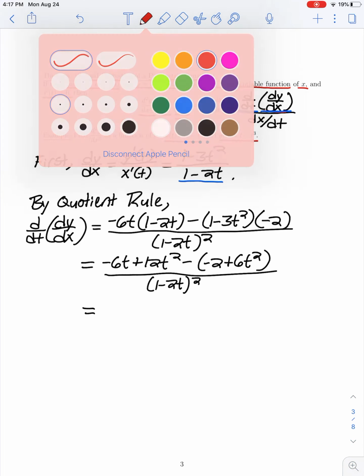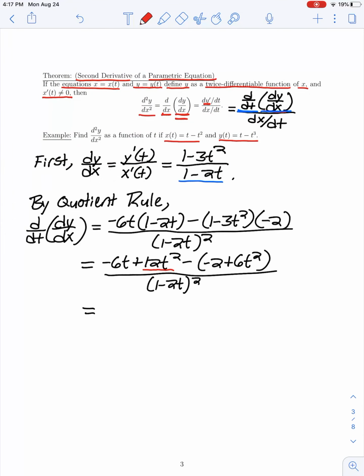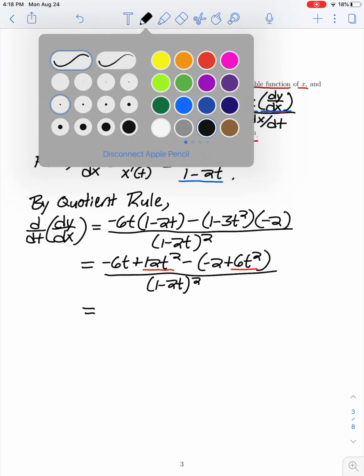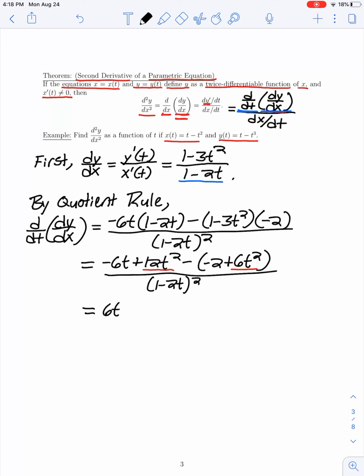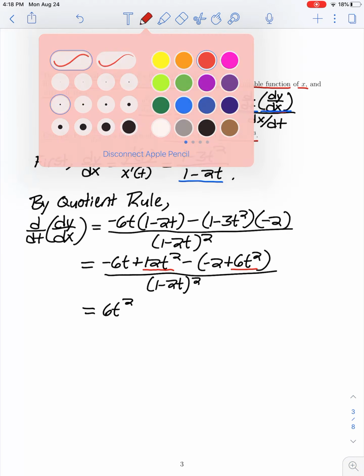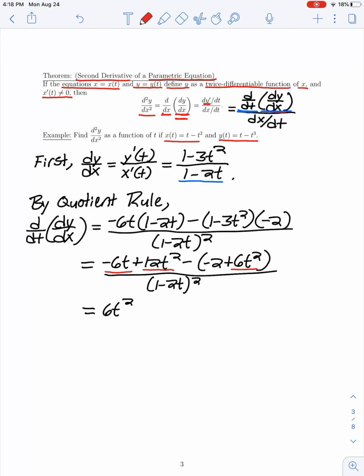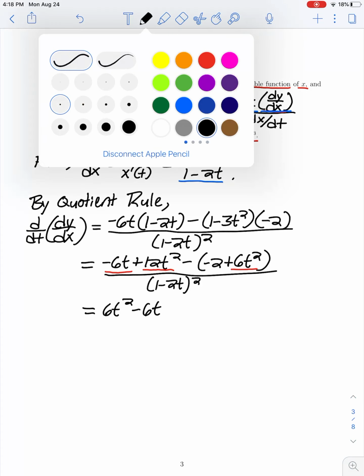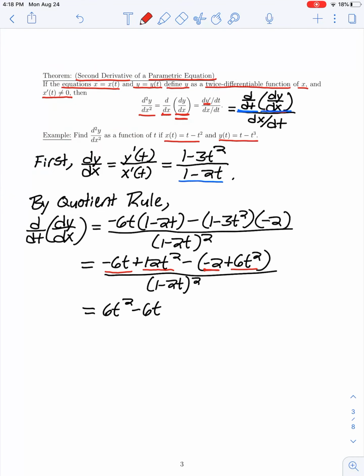Now, combining like terms, we have a 12t squared. We're then subtracting 6t squared, so that leaves us 6t squared. Then we have a minus 6t. And then we are subtracting a negative 2, which is the same as adding 2. And the entire thing is then divided by (1 minus 2t) quantity squared.